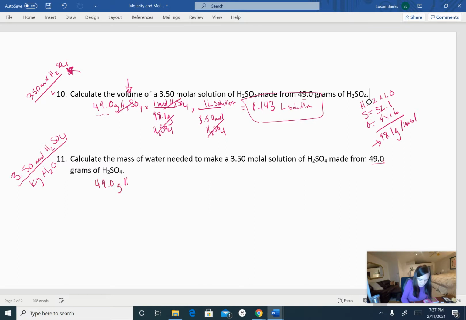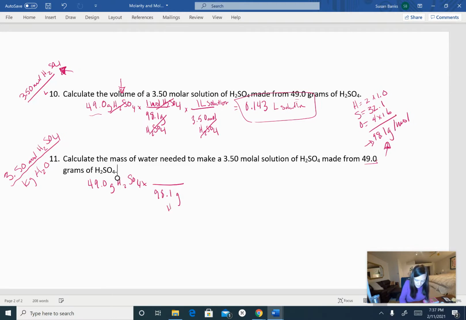49.0 grams of sulfuric acid. I need to get that into moles, so I'm going to use the molar mass that we calculated before. I'm going to put the grams on the bottom to cancel the grams out. 98.1 grams of sulfuric acid will give me 1 mole of sulfuric acid. Okay, my grams are gone. I have moles. I'm going to use this relationship here to cancel out my moles, so I'm going to put moles of this relationship on the bottom.